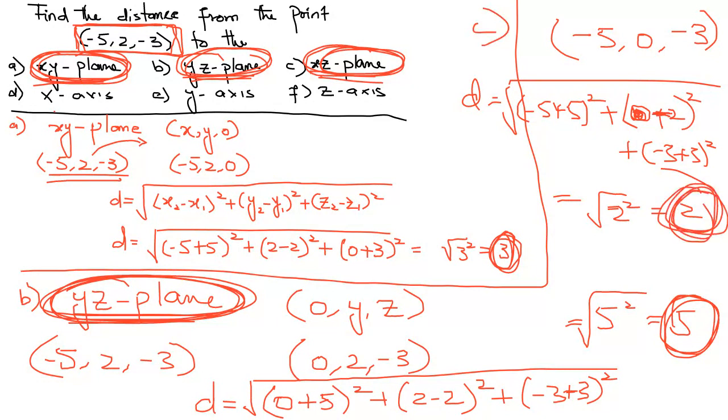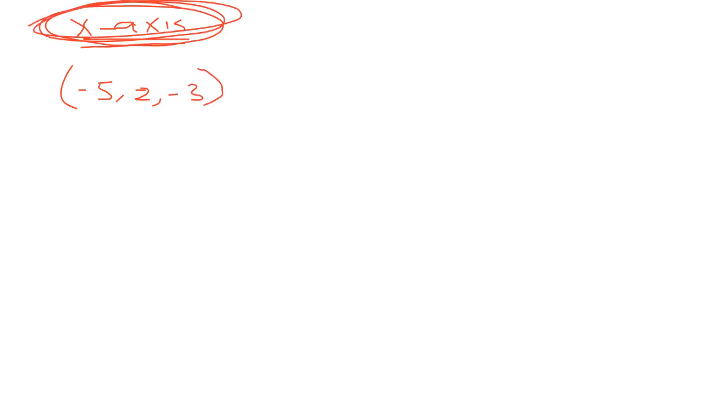Similarly, you can find the x-axis. X-axis means you have to take only the x point of -5, 2, and -3. That means you take only -5 and the other terms are 0.